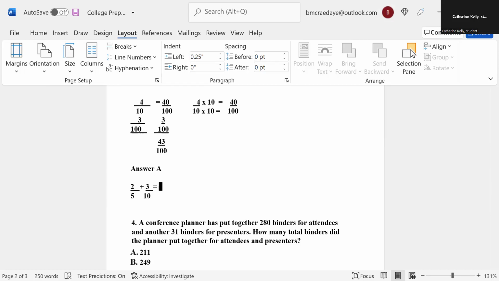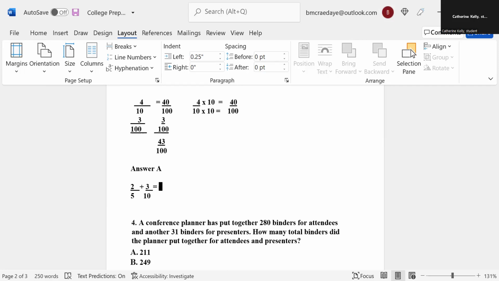So what would you do? I would times 2 to get 5 times 2 is 10. If you multiply the denominator, you've got to multiply the numerator. I want both bottoms to be the same, the denominator.